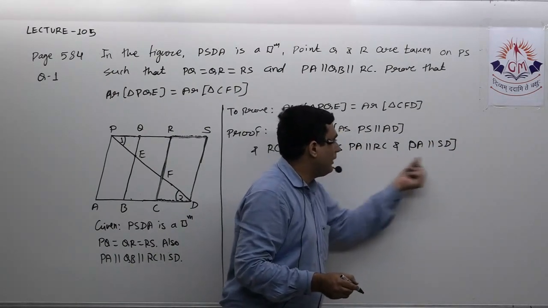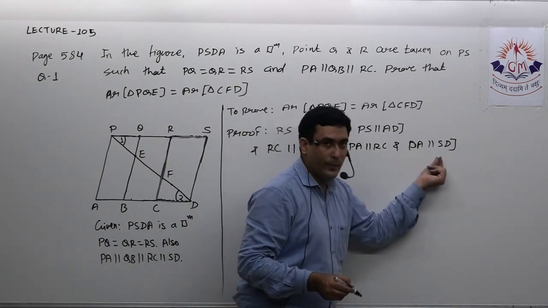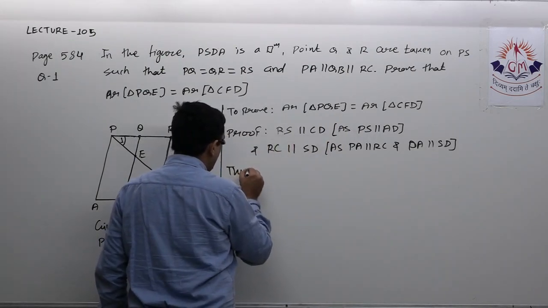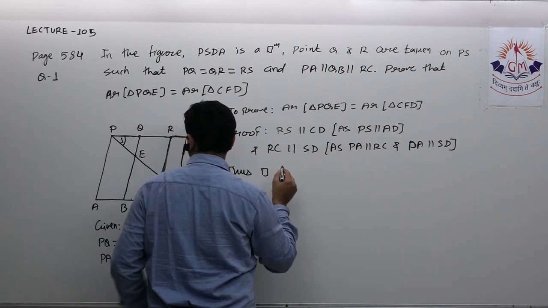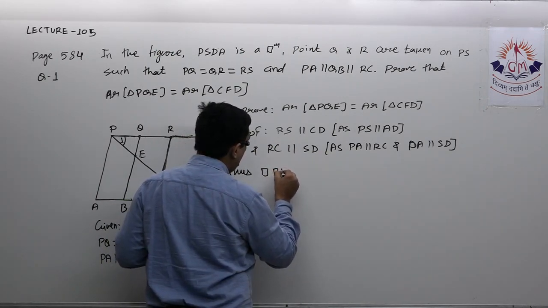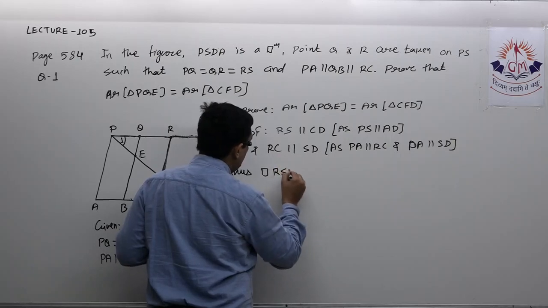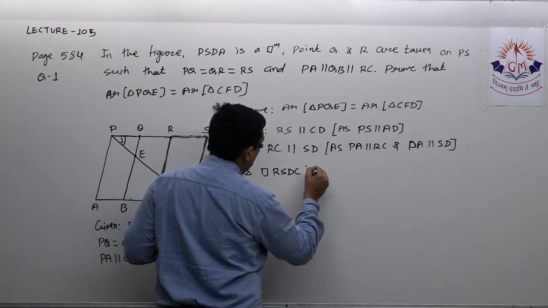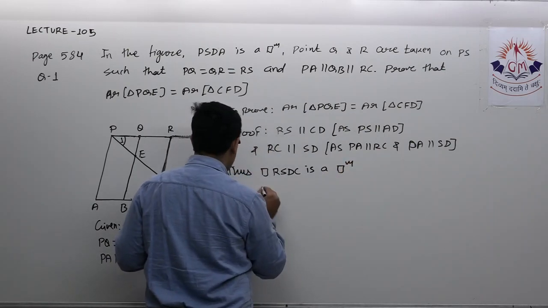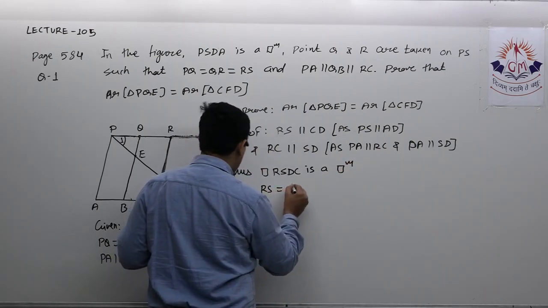PA parallel RC is given, PA parallel SD is given. PA is parallel to RC and SD, it means RC will be parallel to SD. So thus I can say quadrilateral RSDC is a parallelogram. Therefore, I can say RS is equal to CD.